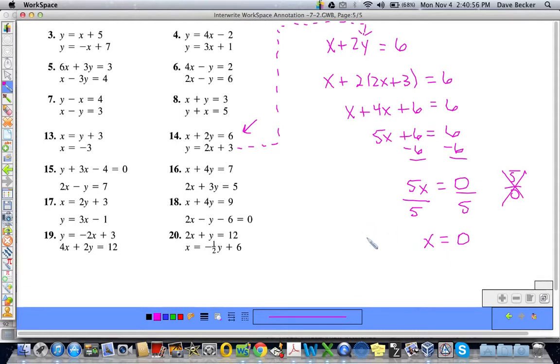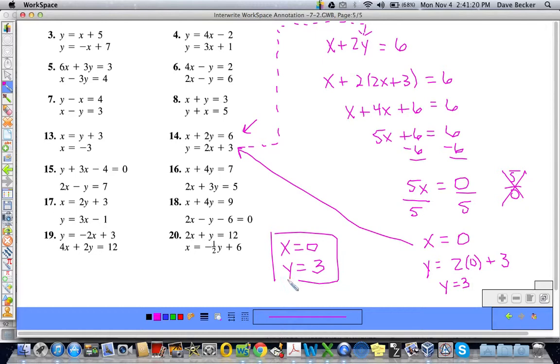Well, what does y equal? Well, remember, we have y equals 2x plus 3. So y equals 2 times x, which I know to be 0, plus 3. Well, 2 times 0 is 0, plus 3 is 3. Okay, so my solution is x equals 0, y equals 3, and there you go. We can check it out and make sure.